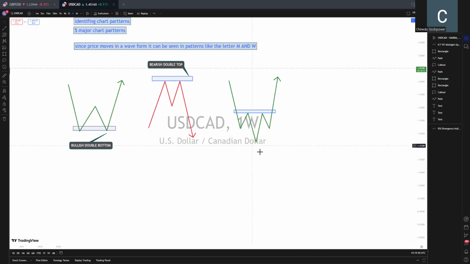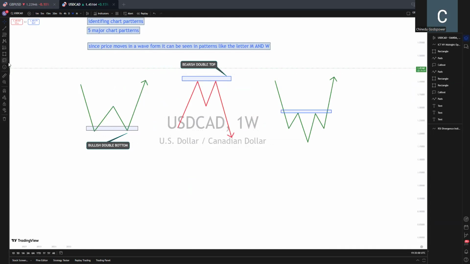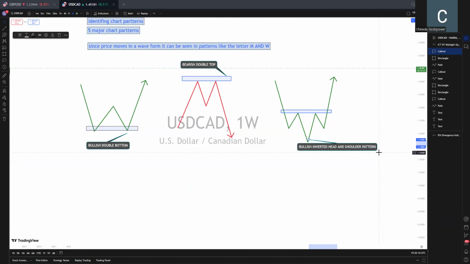Using our callout, this is the bullish inverted head and shoulder pattern.